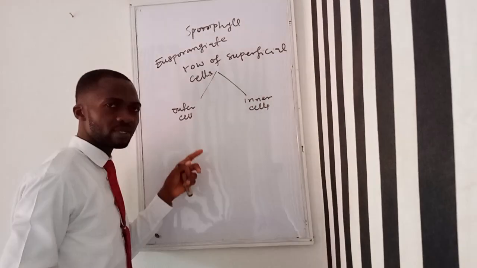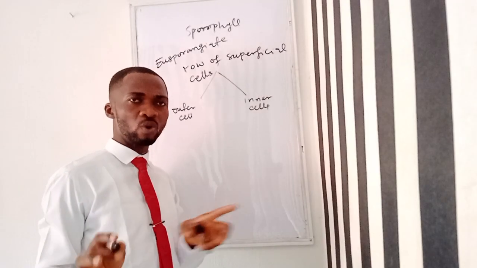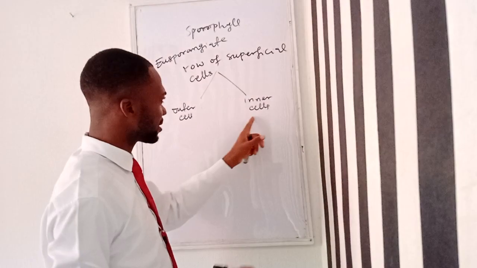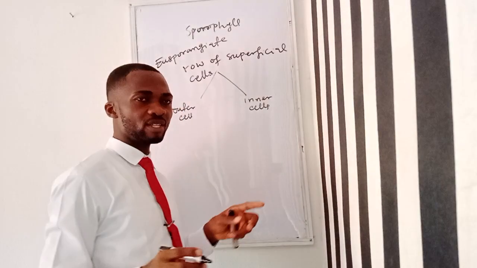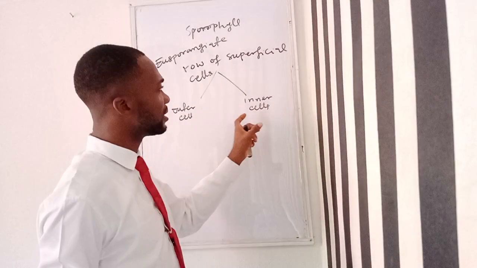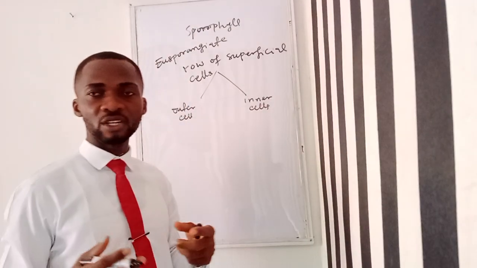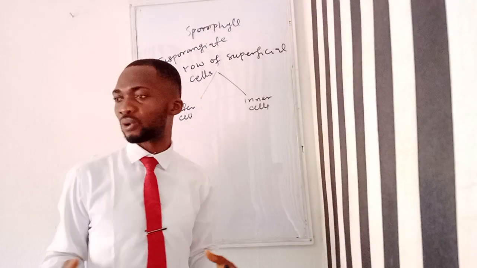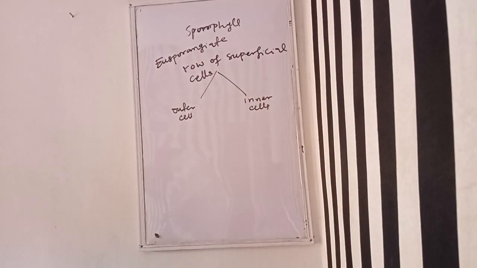So these outer cells will now develop further to form the wall of the sporangium, whereas these inner cells will form the sporogenous tissue, and these are the tissues that help in nurturing the growing spores.